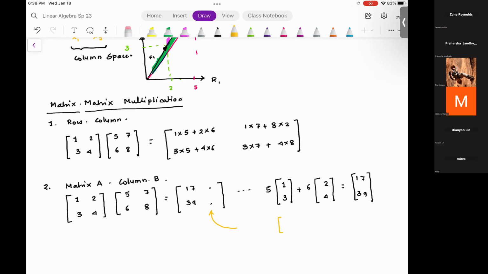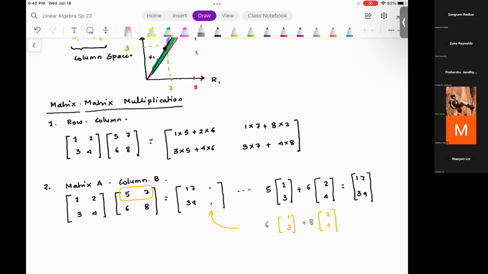Again, your basis vectors are going to remain the same, 1, 3, and 2, 4. However, your weights are going to be different. In the first case, you have 5 and 7. In the second case, you are going to have 6 and 8.